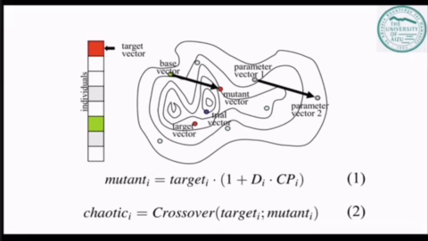In equation 1, di is the direction factor, and di can take a value of 1 or negative 1. CPi is a chaotic parameter. The initial value is set to a random number in 0 to 1, and it is updated with the iteration of the chaotic system.